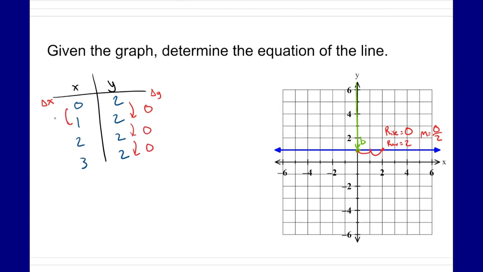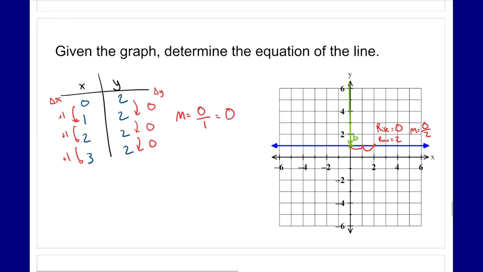This is a change of 1, of 1, of 1. So similar to what we just found, our multiplier is 0 over 1, or 0, which would be the same thing as 0 over 2. So my multiplier is 0, and I see my b value is 2.